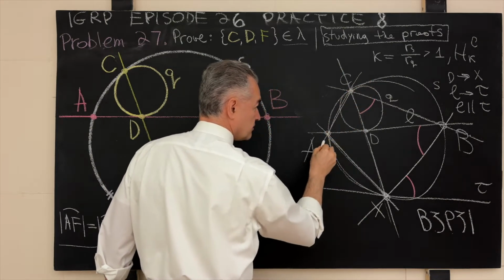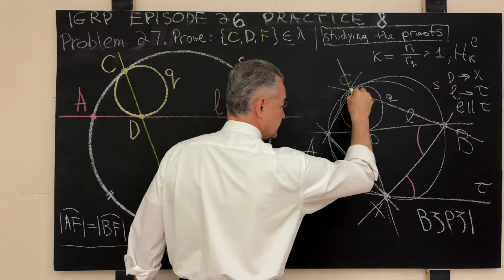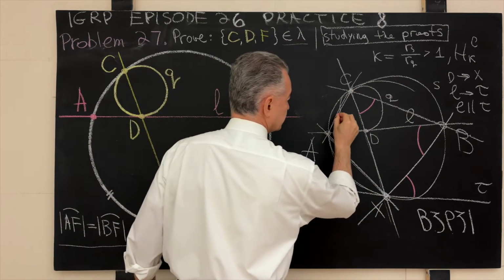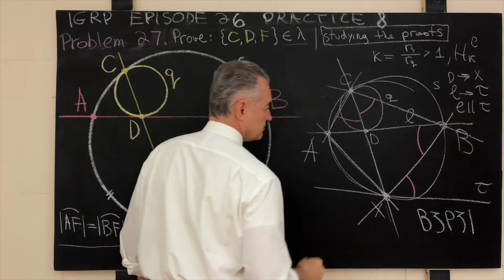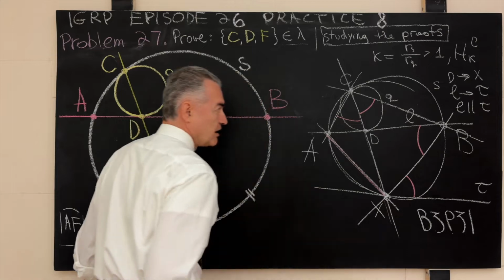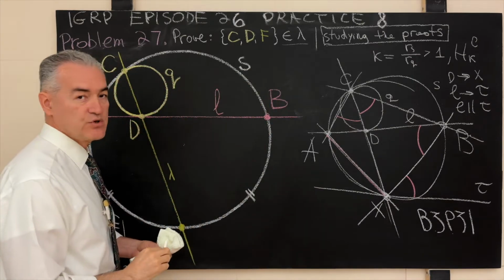This is the angle ACX. It is the same angle. See? This is exactly the same angle. Why? Because both of these angles subtend this arc. And what did we just prove?